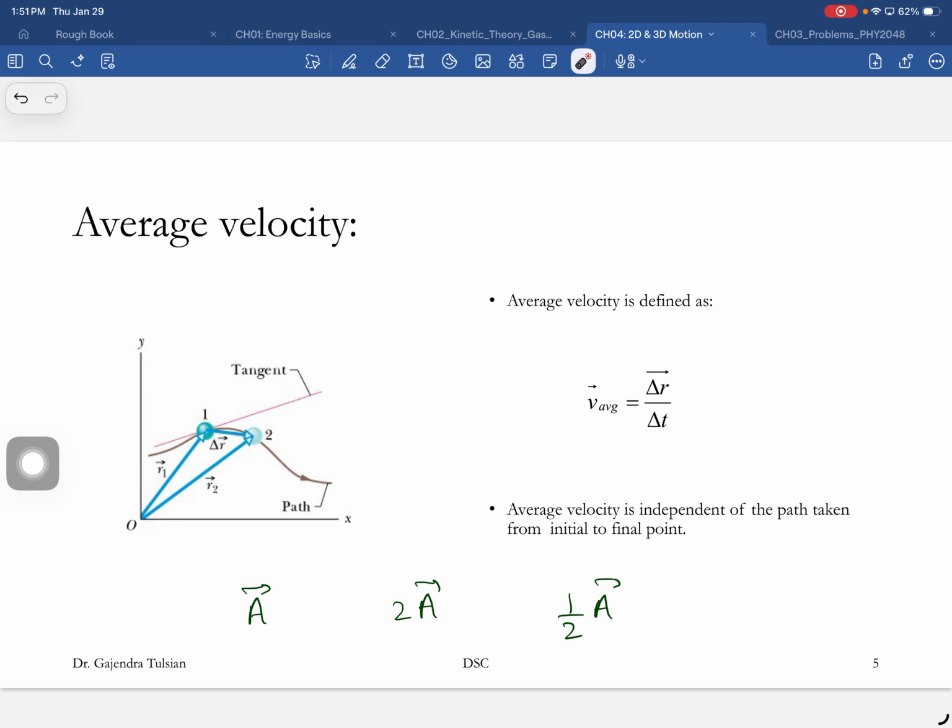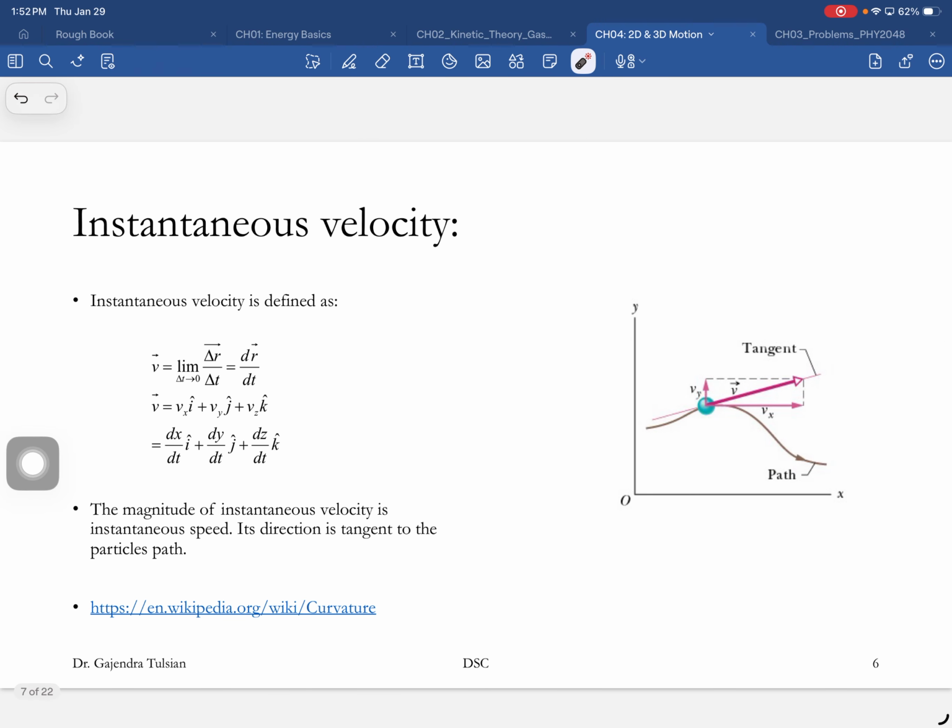What you'll be interested in is as you take the limit delta t going to 0, so this point is getting closer and closer to that. And in that limit, the velocity vector will be pointing along the tangent to the trajectory. So the instantaneous velocity is the time derivative of that in the limit delta t going to 0, which is dr by dt.